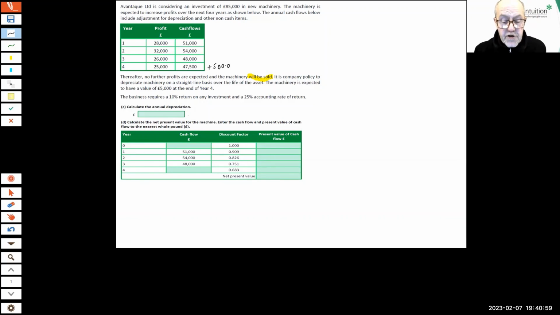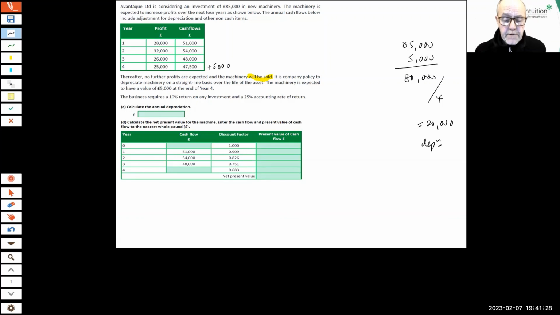So annual depreciation, straight line over the life of the asset. So we're paying 85,000. The residual value is that, over 4 years. So that's going to cost us 20,000 each year in annual depreciation.